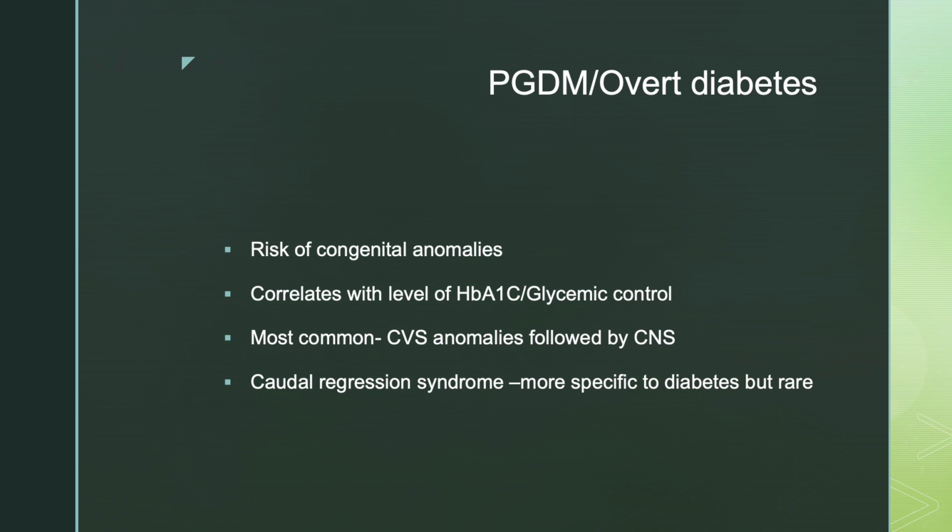The incidence of anomaly correlates with the level of HbA1c or the glycemic control. The most common anomalies are cardiovascular, followed by central nervous system anomalies. One anomaly which is specific to diabetes is caudal regression syndrome, but it is very rare.